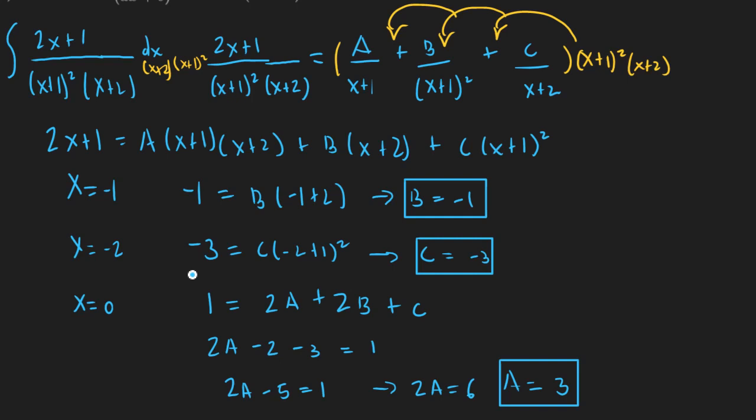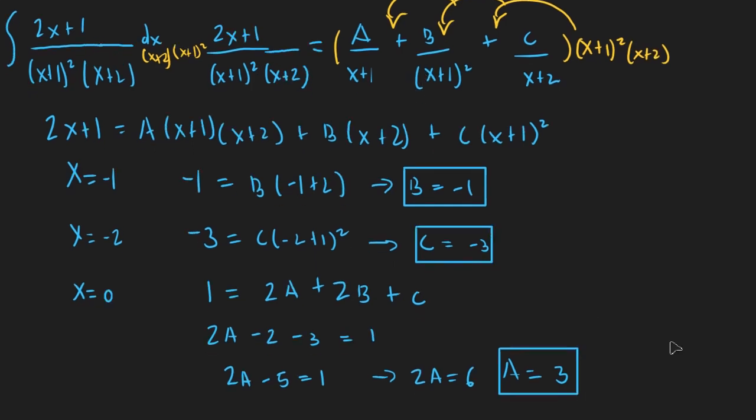Now, how this helps us is that it gives us the ability to integrate the rational expression, because now we know a, b, and c. So we can go back and plug these in.